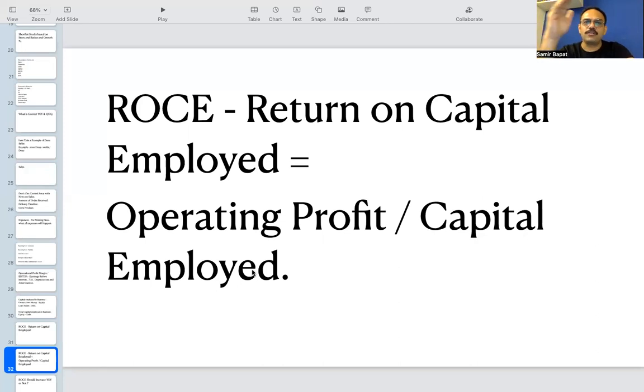Higher, right? So this is the first parameter which you can use to compare company to company of the same industry, same field. Okay, so far so good?